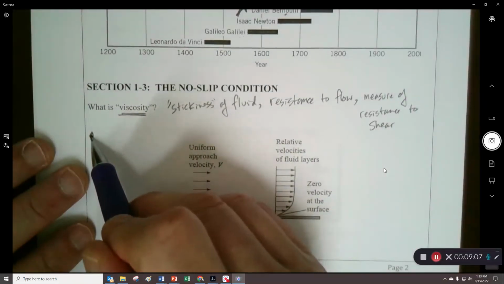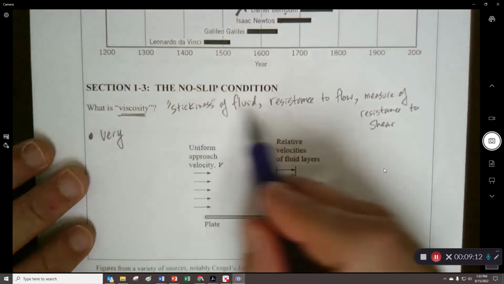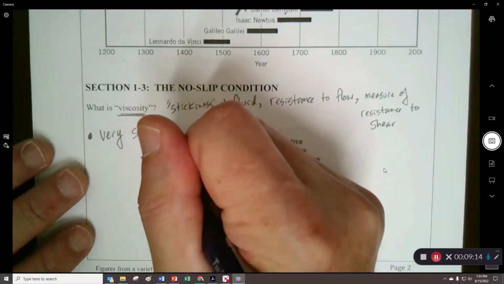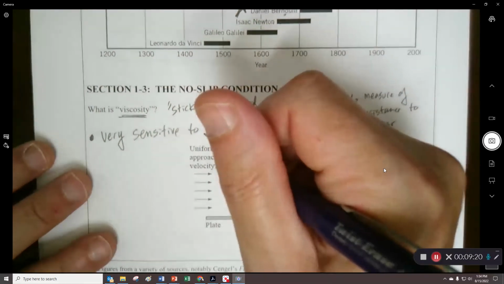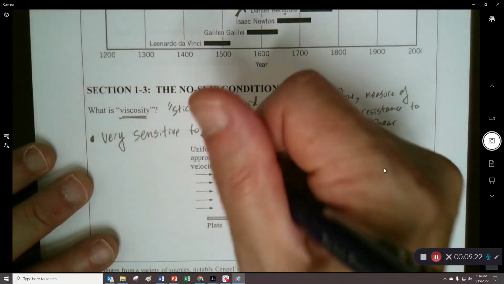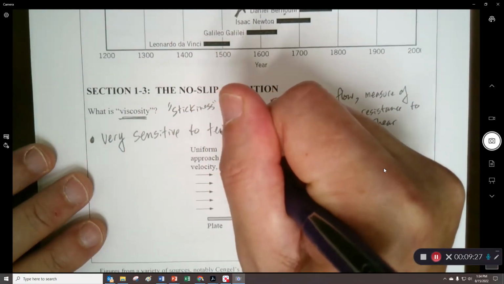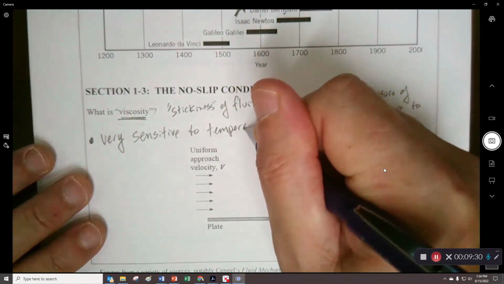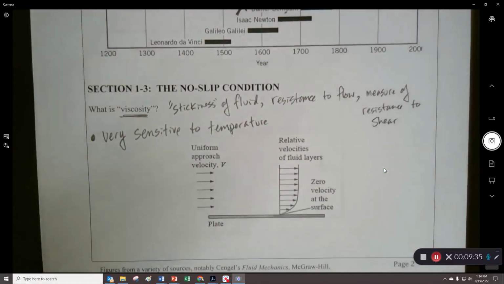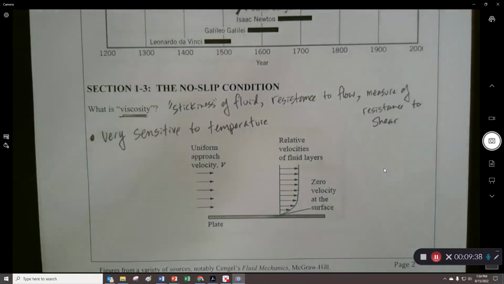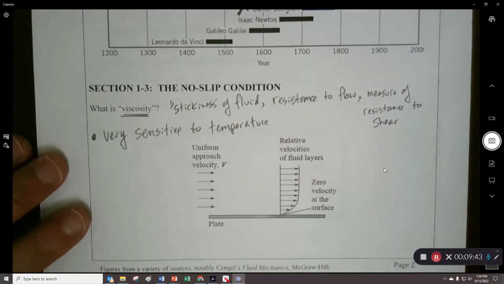But just in the introduction of viscosity, we should remember that this property of the fluid is very sensitive to temperature. You could imagine that, right? Think about maple syrup, and think about how it resists flowing. As you pour it out, it's slow and it's runny and it's sticky, right? But if you were to heat it up, it would flow a lot easier, a lot faster.